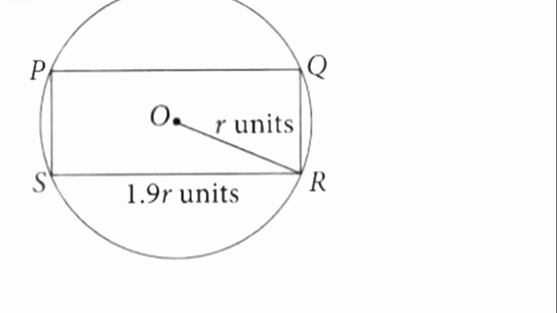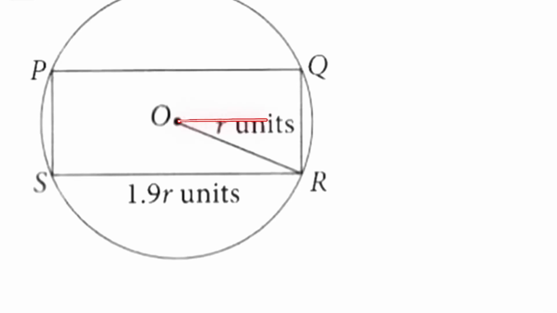Now if I were to draw a line over here, a parallel line, to this point, this point is perpendicular to my QR, and I form a right angle triangle.